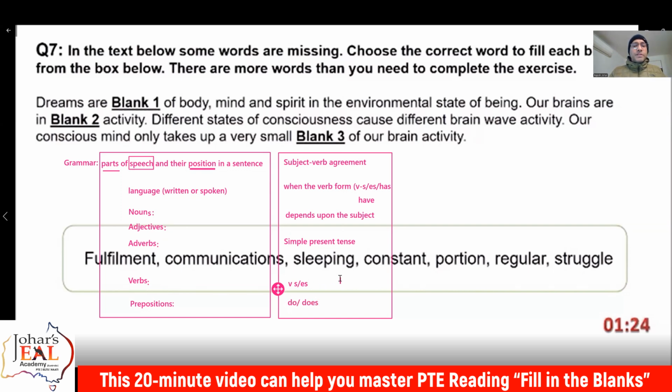Present perfect also has this choice, whether we use has or have. So when we use has or have, a verb with s or es, or the base infinitive, or just a verb alone, there are some choices we need to make. That's subject-verb agreement, so it can help you.